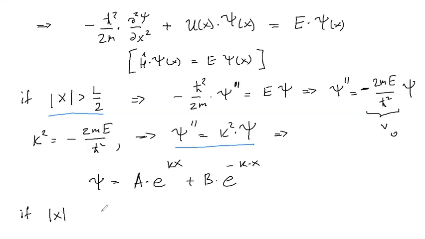I'd say the magnitude of x is less than L over 2. Well, inside, my potential is a constant, yes? And this constant is a non-zero constant. Now I can't just remove this term, I have to keep it.